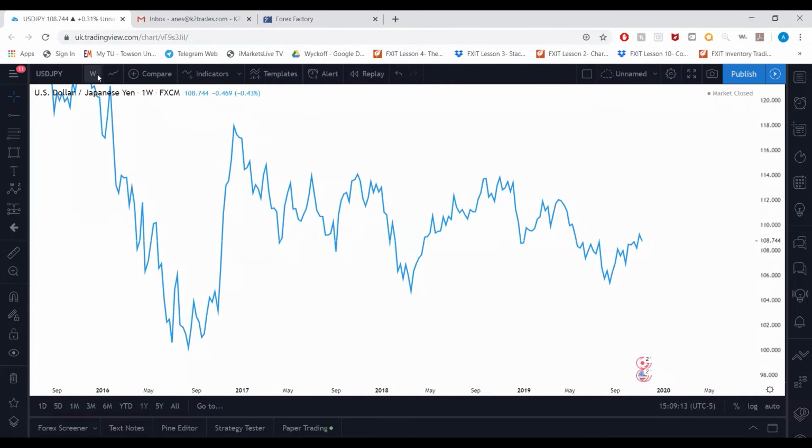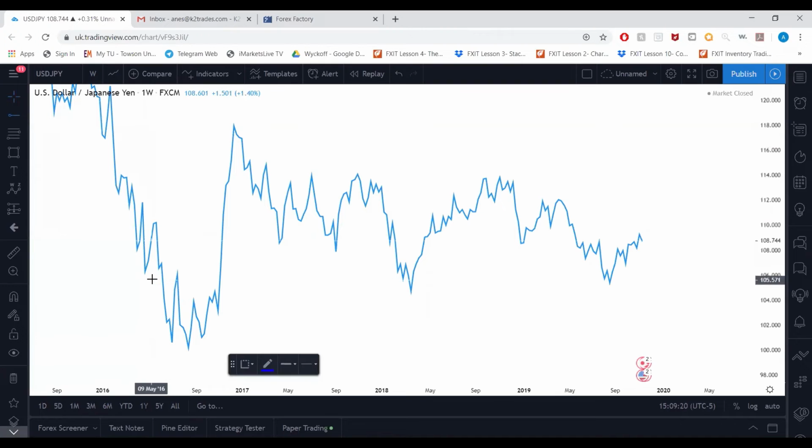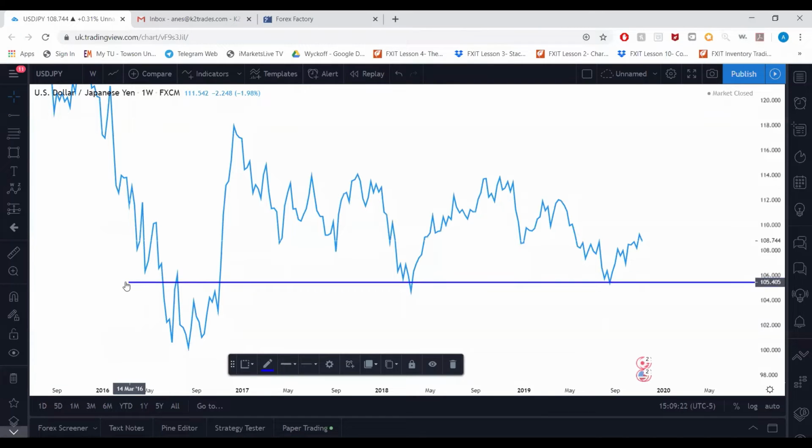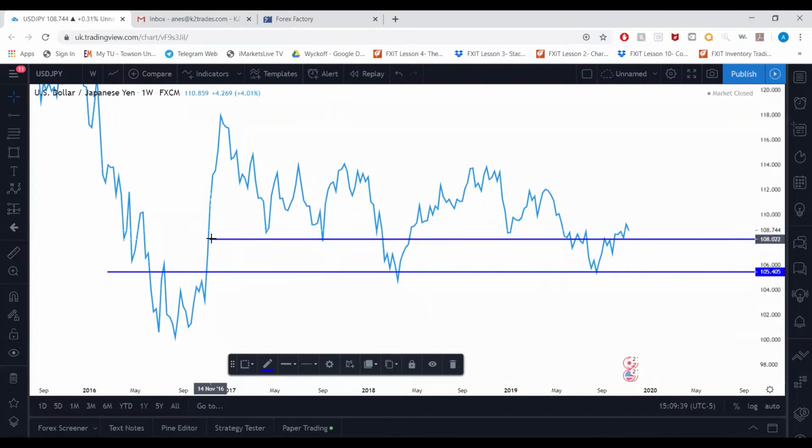This is what happens: when investors see the stock market going down, they start to buy yen. Resistance here. This is more like a current support here.